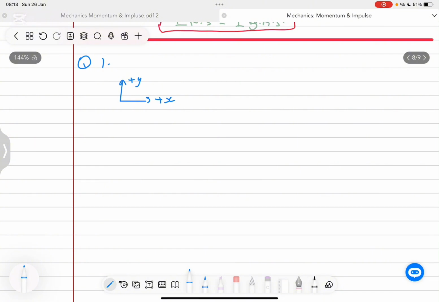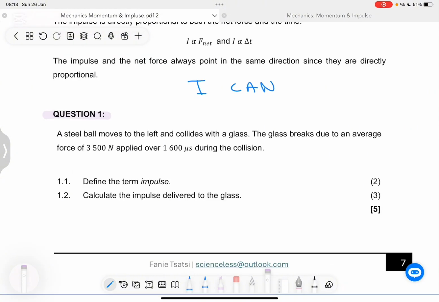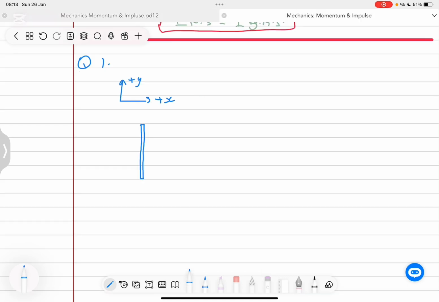In this situation, we actually have a glass sitting like that, and we have a ball that comes and collides with the glass. So there is a ball that is coming towards the glass like that.